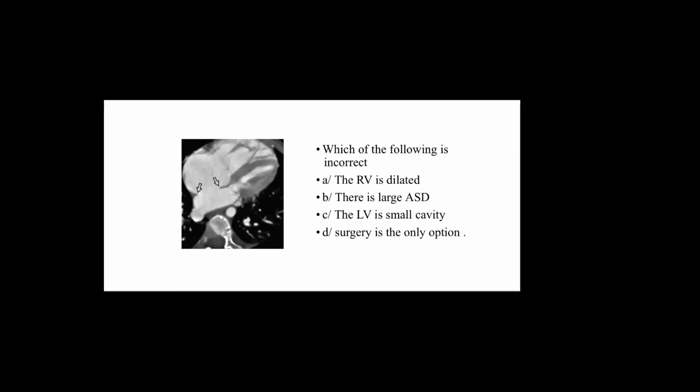There is dilated RV, exactly. And there is an ASD, exactly. That's the ASD and the cavity here. And the LV cavity is small because of compression from the dilated RV. So the incorrect answer is surgery is the only option. Can you explain? What other option do we have? Closure device. Exactly.